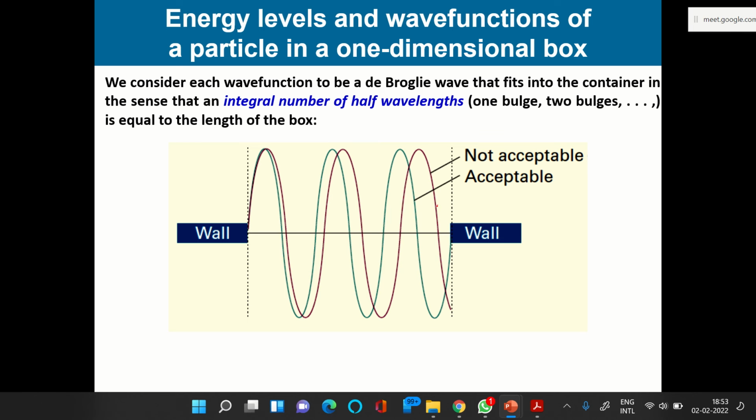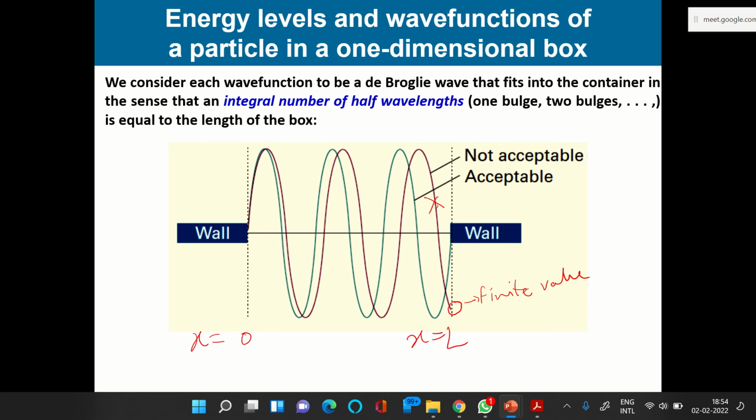See this red one, it has a finite value when you have capital L here, this is 0, x is 0, x is equal to capital L. So this is finite, and obviously it is not satisfying the basic postulates that we have framed for quantum mechanics, so this cannot be accepted.